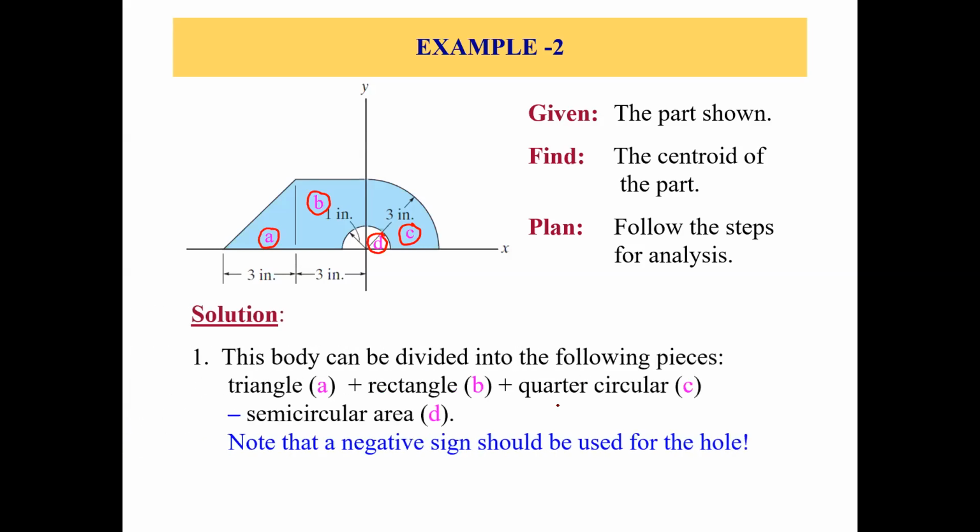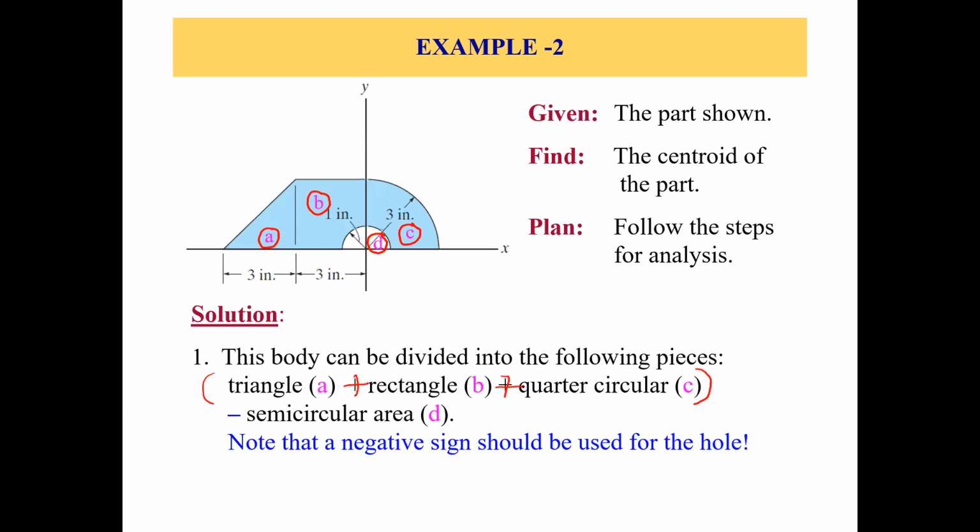All right. So this body can be divided into the following parts: triangle A, rectangle B, quarter circle C, and semicircle D, right? But we need to use the negative sign for the hole, right? So that's why we have plus signs between these three.